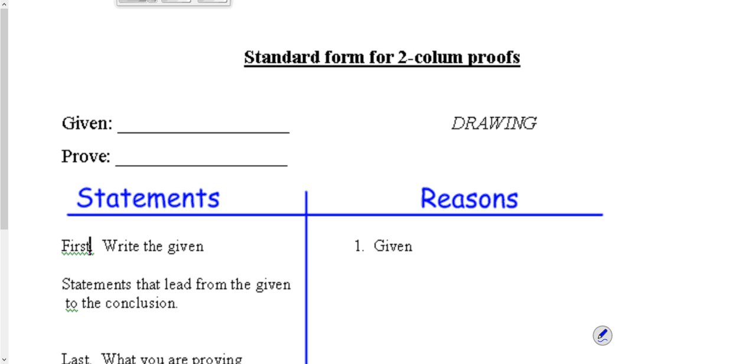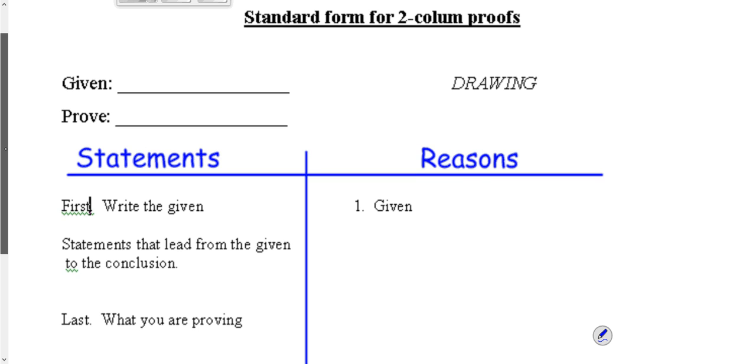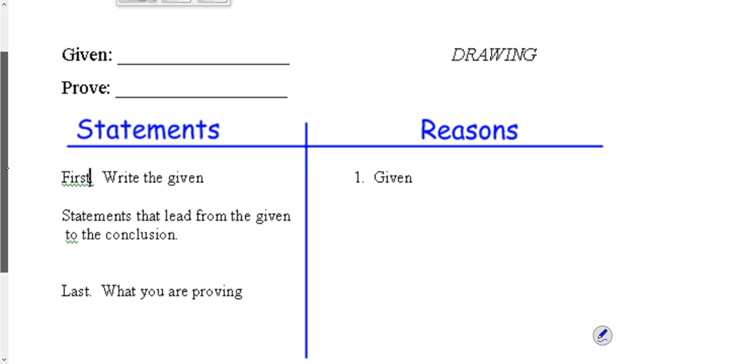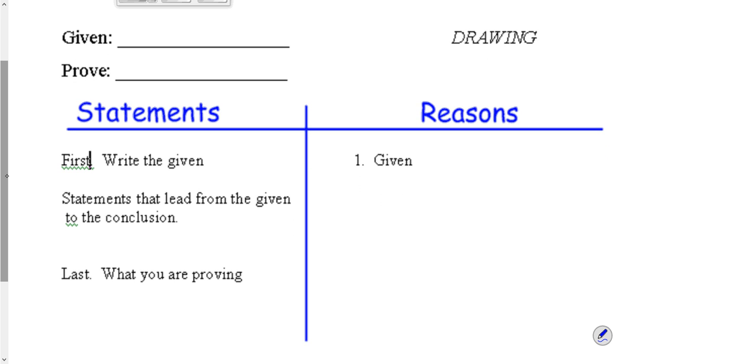So here is what a standard two-column proof will look like. You'll have a given statement. It'll say given, and it'll give some information. It might be AB equals CD. That would be your starting point, this information that you know.